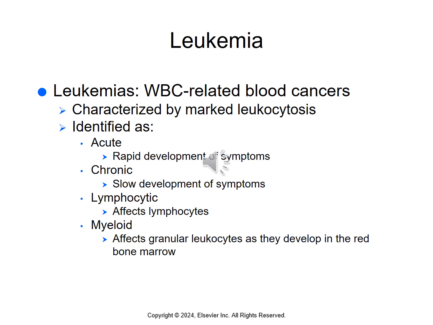Leukemia is white blood cell related blood cancer characterized by marked leukocytosis, identified as acute, which is rapid development of symptoms, chronic, slow development of symptoms, lymphocytic, affects lymphocytes, or myeloid, which affects granular leukocytes as they develop into red bone marrow.